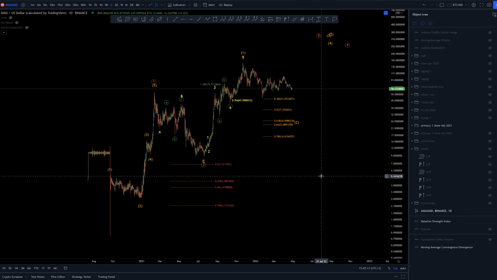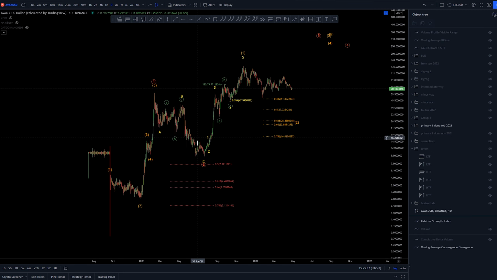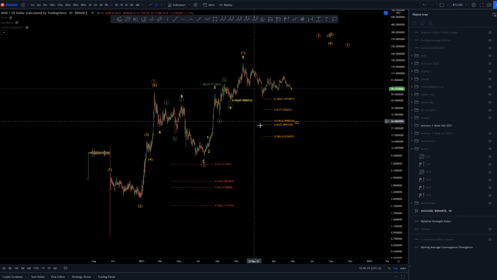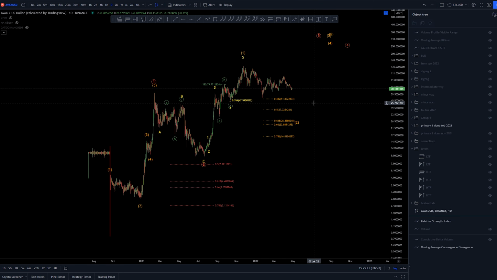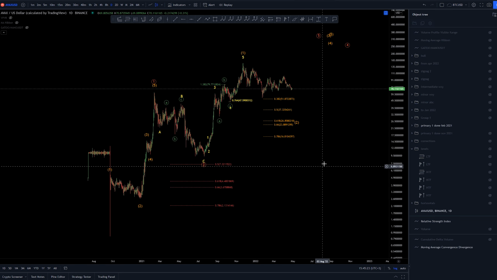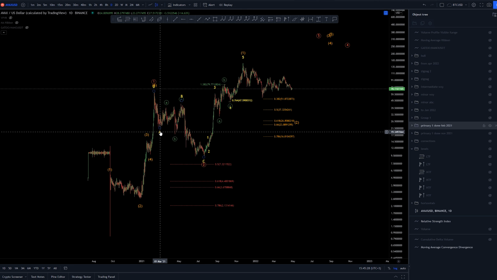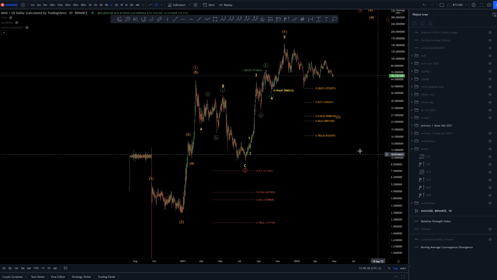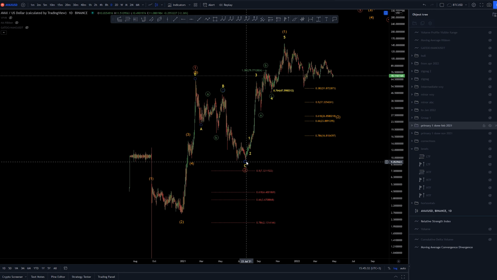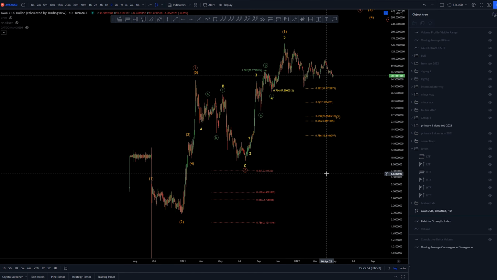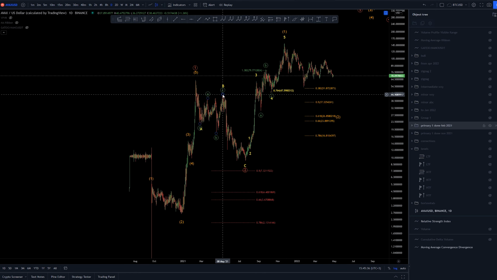Why am I even considering these two different counts? It's just because we don't know how much this is going to retrace here. Is it done or not? Well, let's get into that in just a moment. This count is again saying that the wave 2 would be here at July 2021, just with the zigzag.